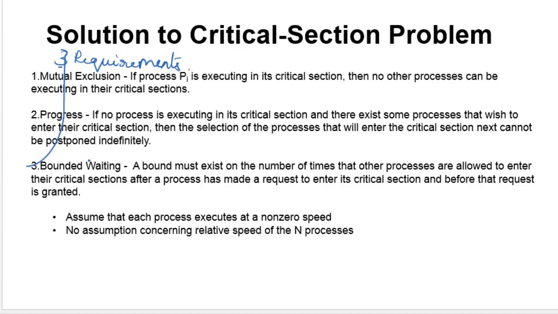For example, consider a kernel data structure that maintains a list of open files. There can be a table which maintains all the files which are currently open in the system, and this data structure is modified as and when a new file is opened, an entry is made into this table.